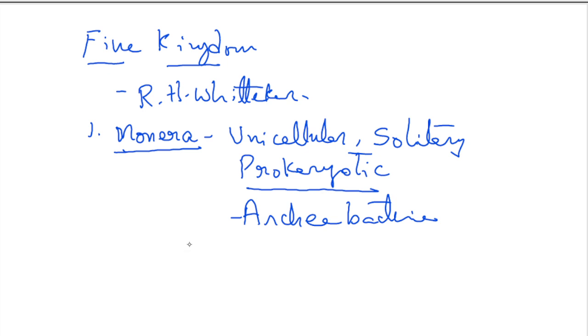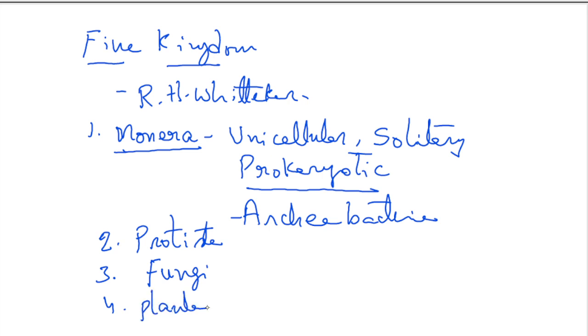Now, Whittaker classified all the living beings into five kingdoms, and first of all I will tell you the total five kingdoms. Those are: the first one is Monera, which we have already dealt with, the second one is Protista, the third one is Fungi, the fourth one is Plantae, and the fifth one is Animalia.